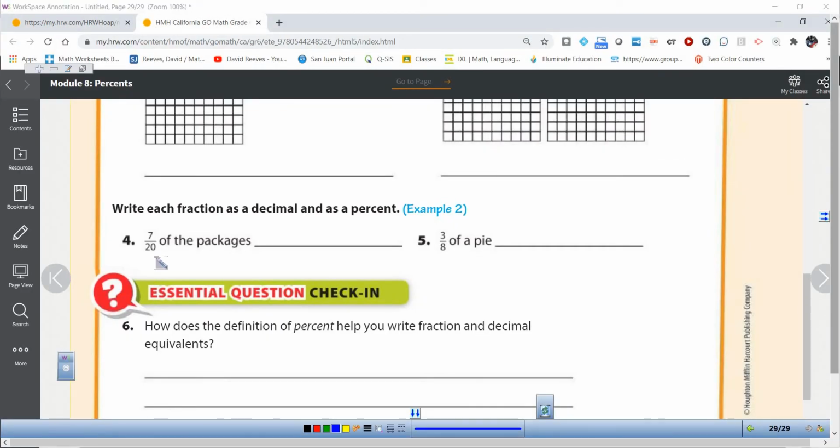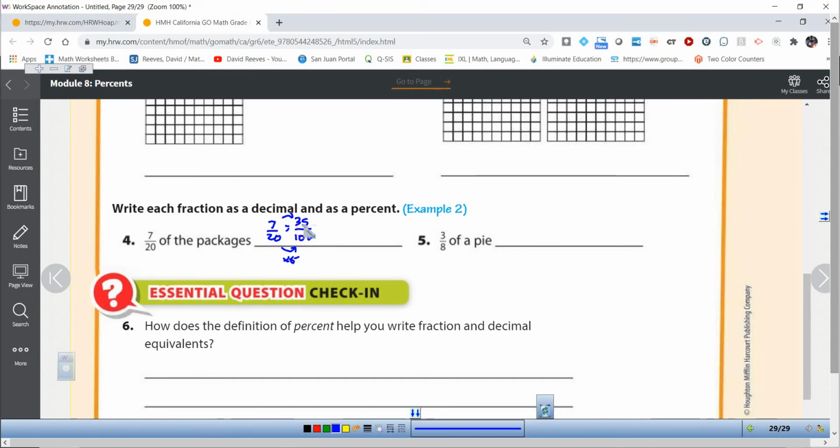All right, write each fraction as a decimal and as a percent. So again, 7 over 20, we want the denominator to be what? We want the denominator to be 100, right? So we can multiply by 5, and 7 times 5 is 35.